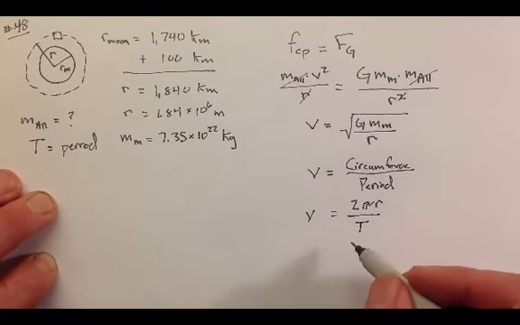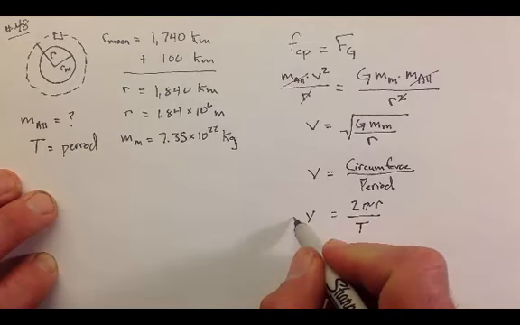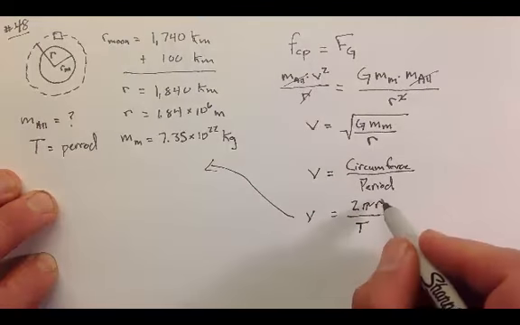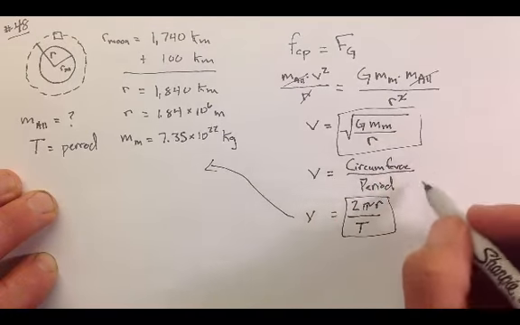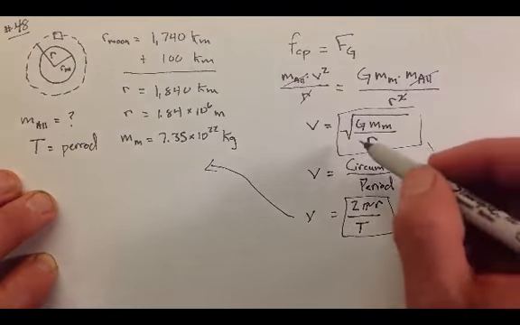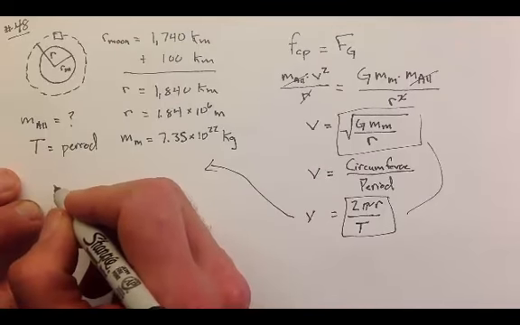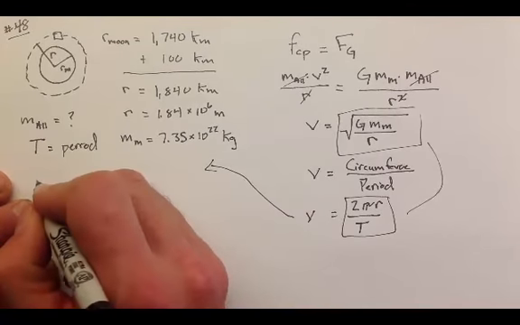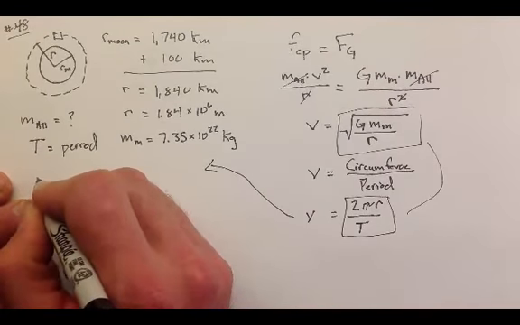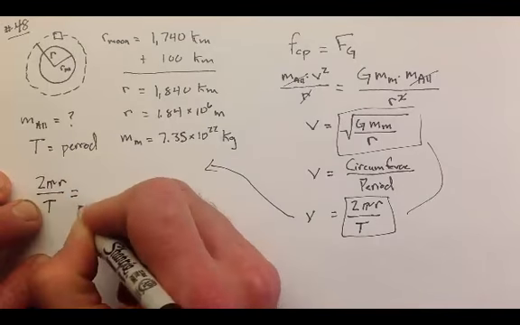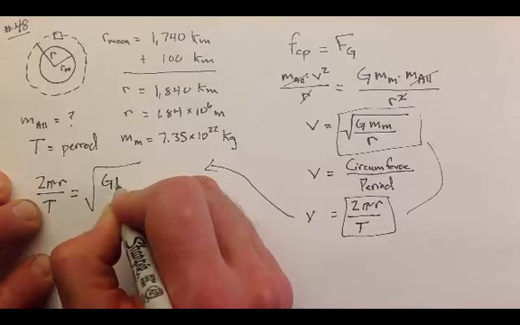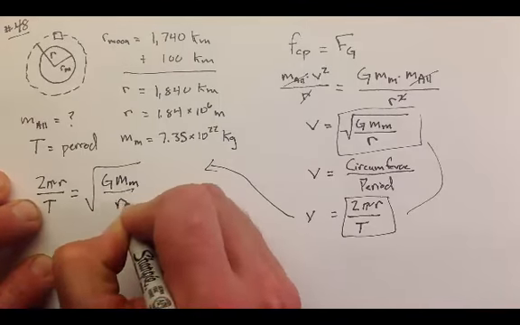Okay, so let's go over here and do a little algebra. I'm going to take this and set it equal to this here. And I don't like this square root, so I am going to square both sides. So I have 2 pi r divided by T equals the square root of big G mass of the moon divided by r.